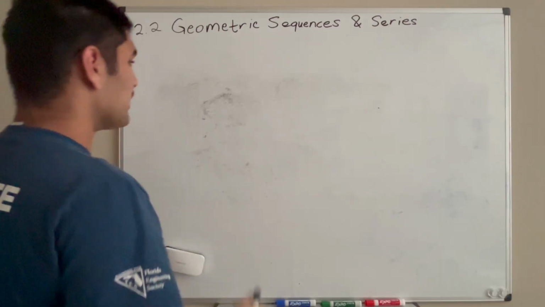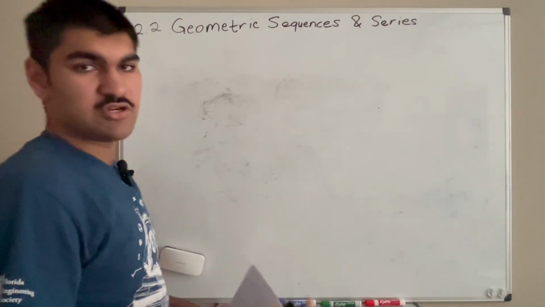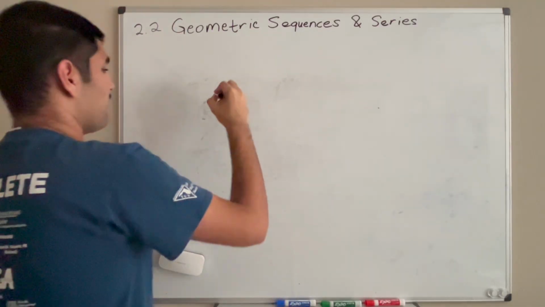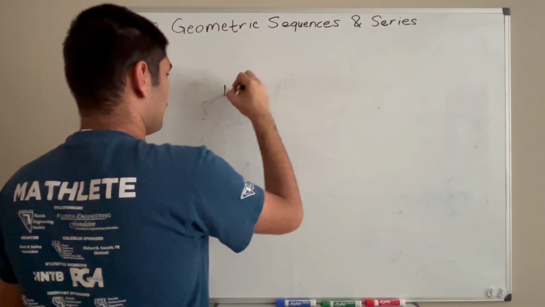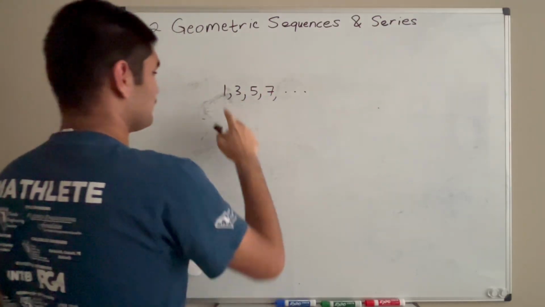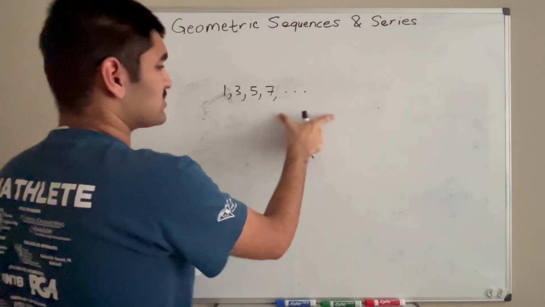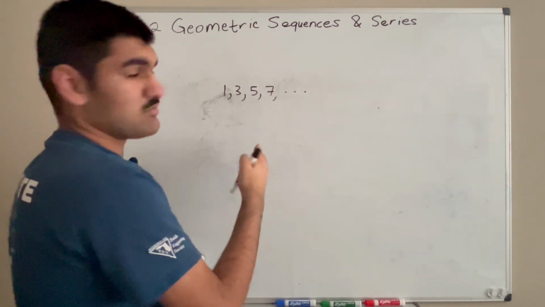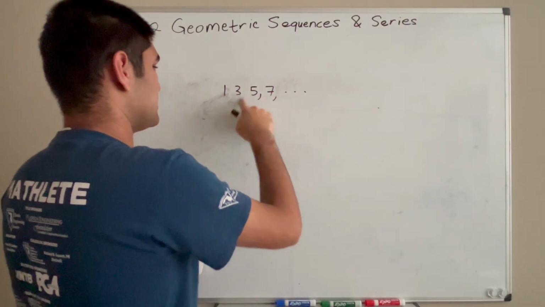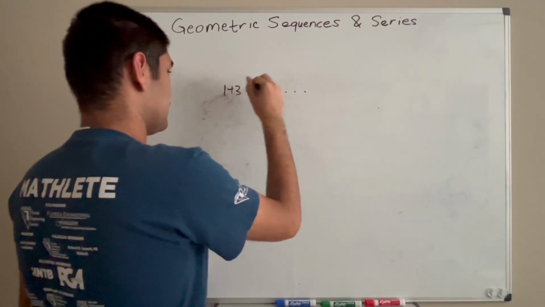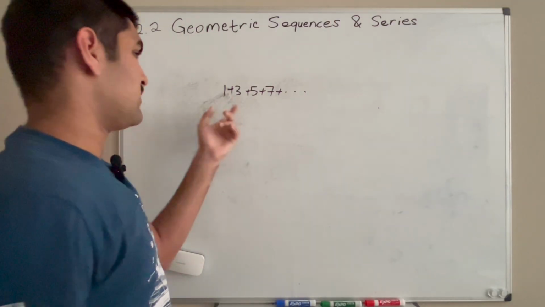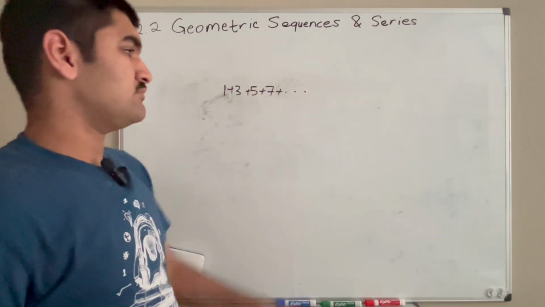Unlike arithmetic series, remember how we discussed that those are always finite? Because if you have an arithmetic series, let's say 1 plus 3 plus 5 plus 7 and so on, the only way for this to converge is if it's finite, because if it was an infinite series, it would just diverge.